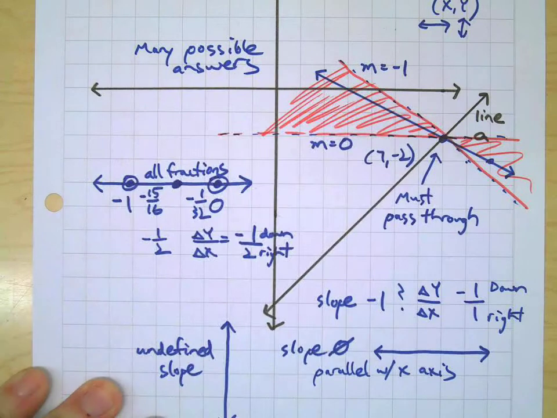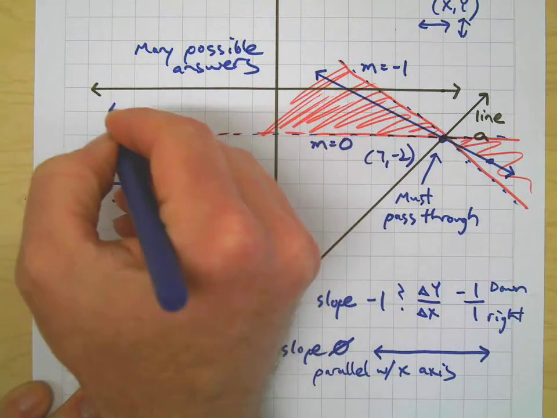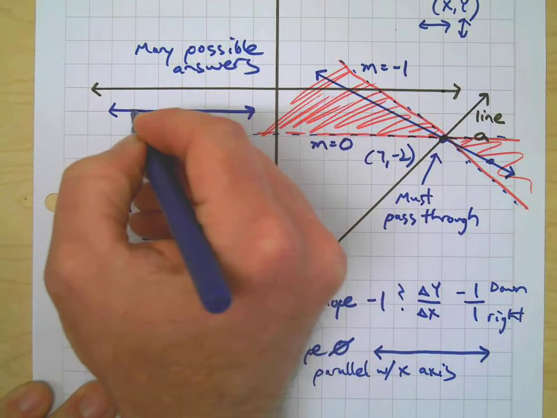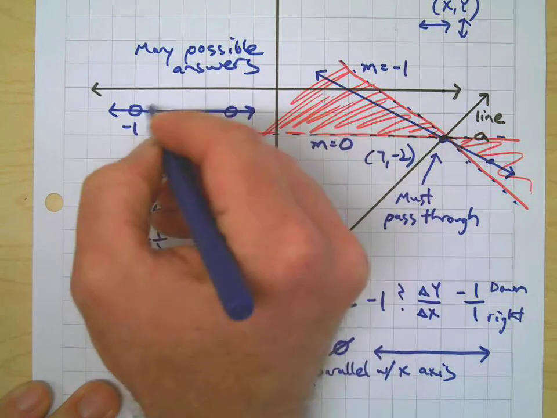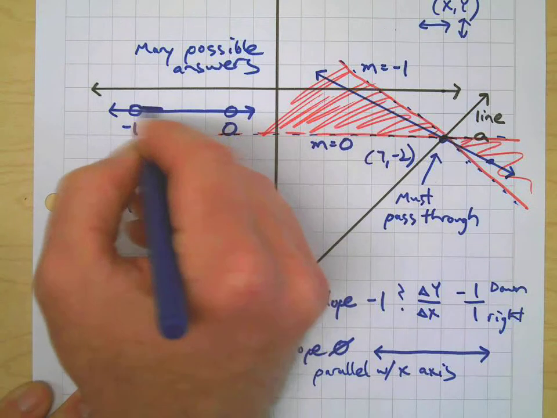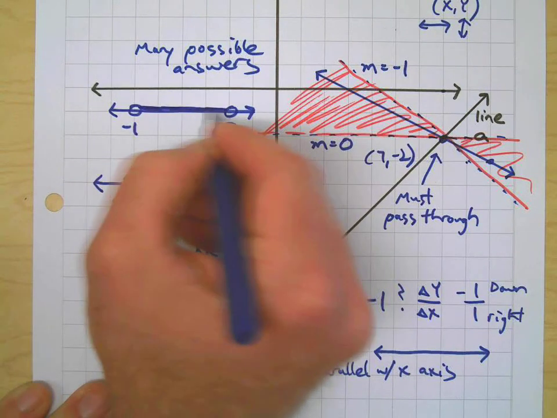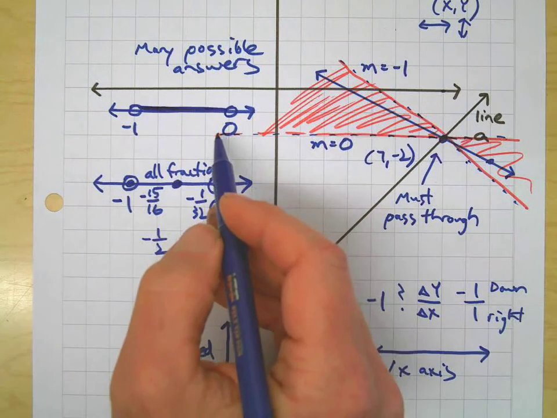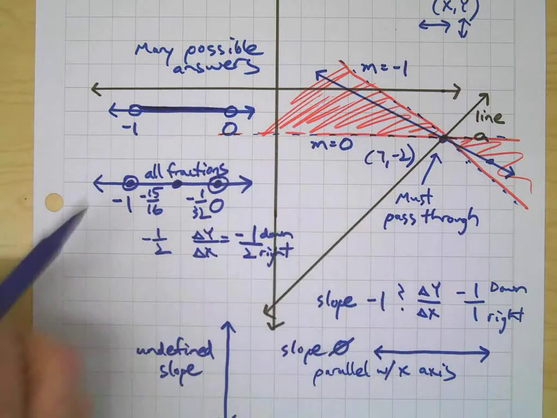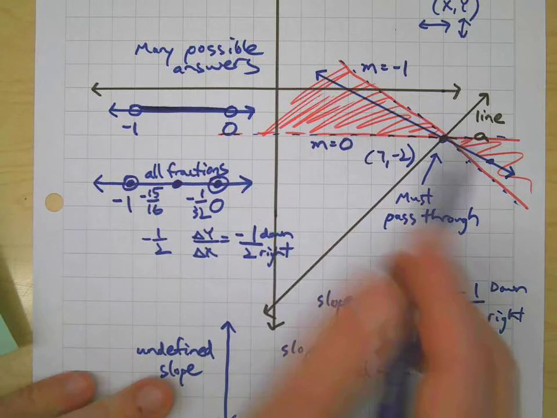If you were drawing this on your graph, these are all your answers in here. These are all negative fractions that are less than 0 and greater than -1.